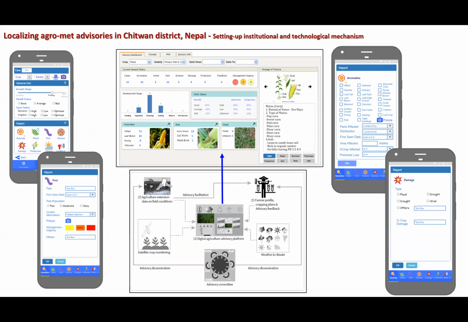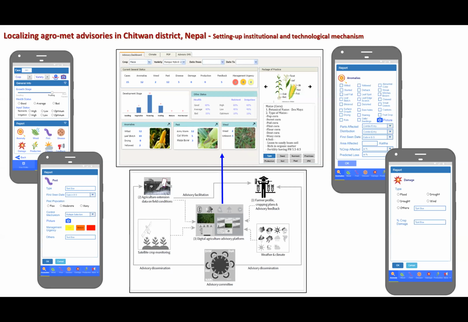So there is more need for them to receive more information related to climate and its impact on their particular farmlands.